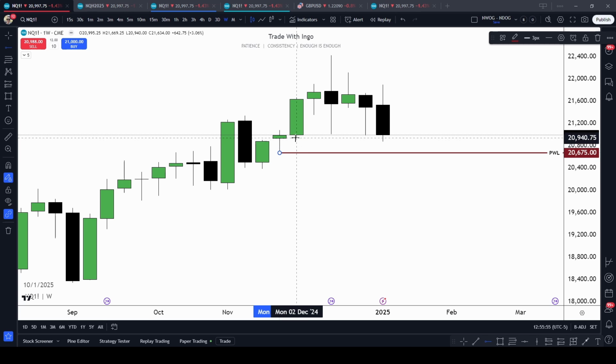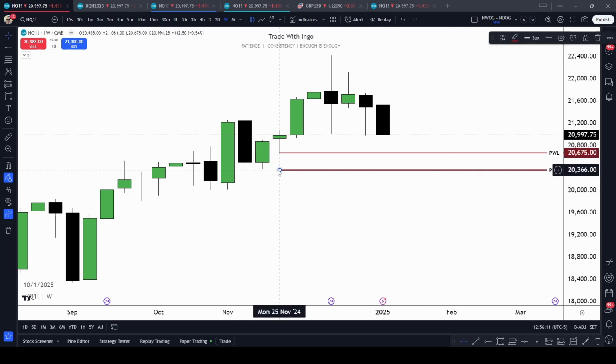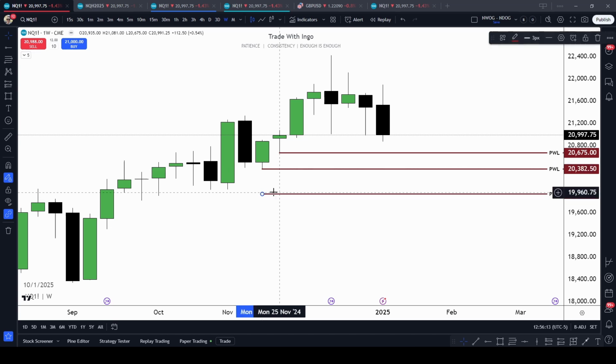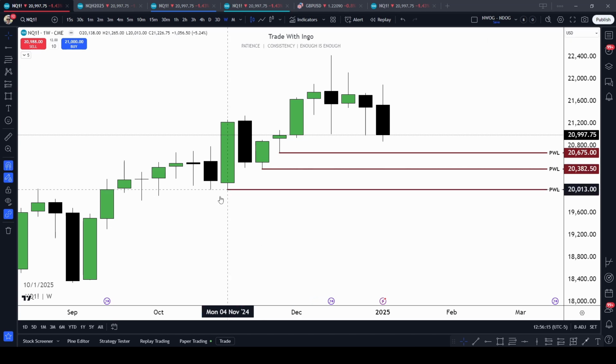During NFP release we already took this previous week low. This one was taken the last week of 2024, and this low was also already taken. So okay, we have this low I'm monitoring, this low, and this one comes in at 20,013, this one comes in at 20,008.5.